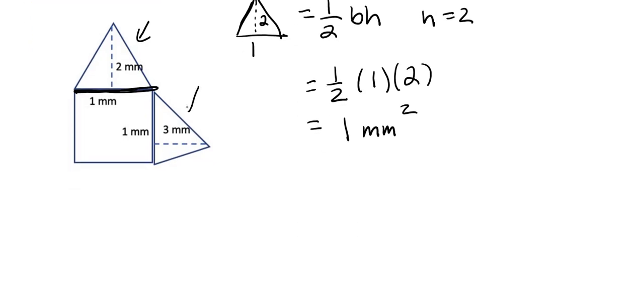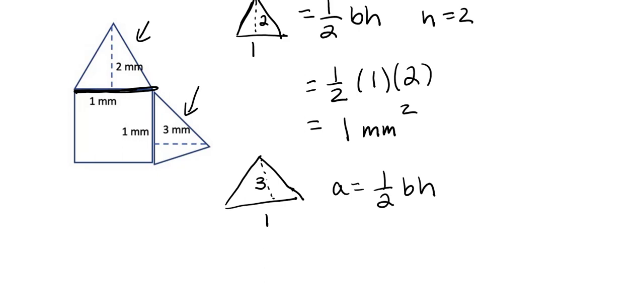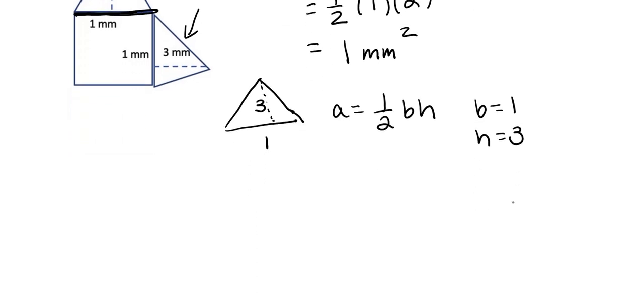So let's find the area of the second triangle. The area is 1/2 times the base times the height. Our base here is still 1, and our height is now 3. If we fill that in, we have that.